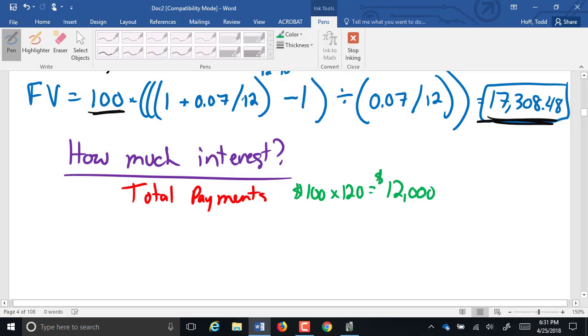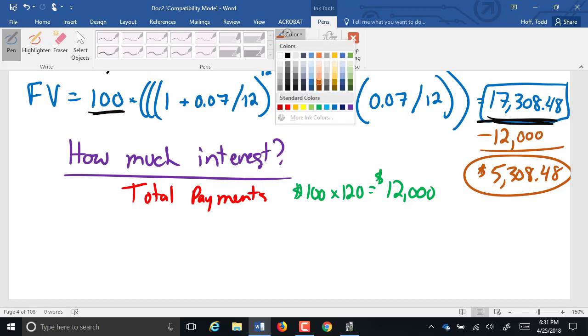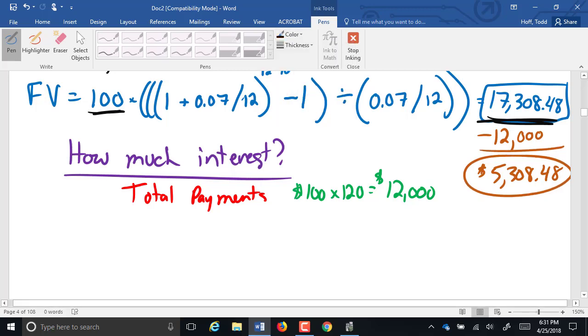So the interest was that future value of 17,308 minus 12,000. So $5,308.48 was interest. Not a bad amount of interest. We can do better.